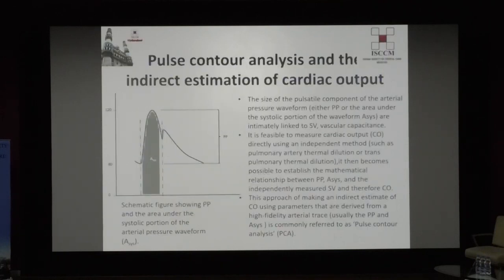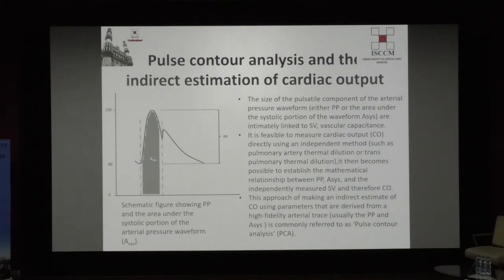Now, pulse contour, the size of the pulsatile component of the arterial pressure waveform, either the pulse pressure or the area under the systolic pressure waveform, are intimately linked to the stroke volume and vascular compliance. It is feasible to measure cardiac output directly using an independent method such as the pulmonary artery thermodilution method.